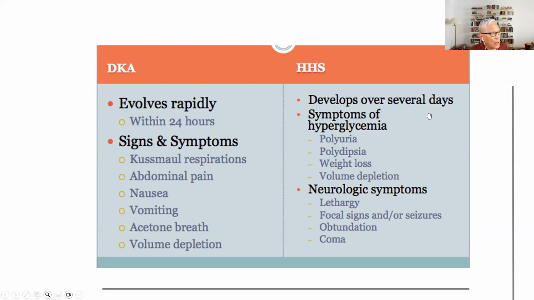HHS develops over several days, and the signs and symptoms of hyperglycemia are going to be polyuria, polydipsia, weight loss, volume depletion, and the presence of neurological symptoms: lethargy, focal signs and or seizures, obtundation, and coma.